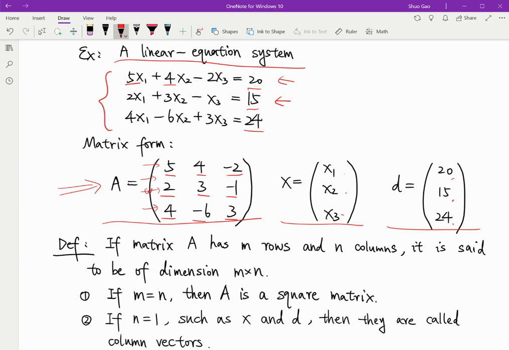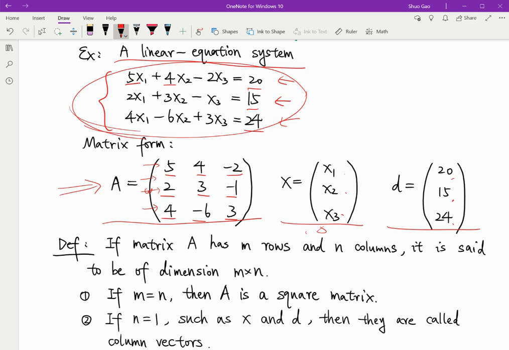And as I said, our goal here is to solve for x1, x2, and x3. But it's not easy to find the answer by just solving the original 3 equations, right?